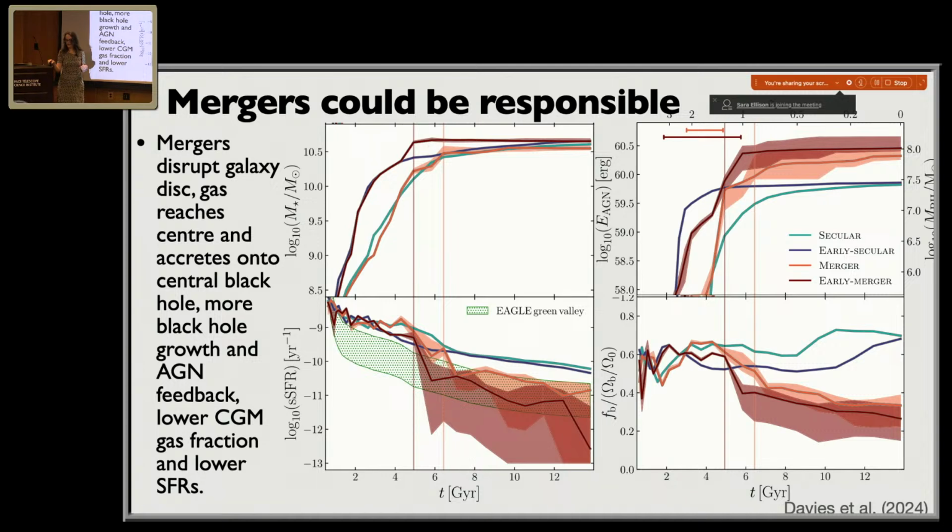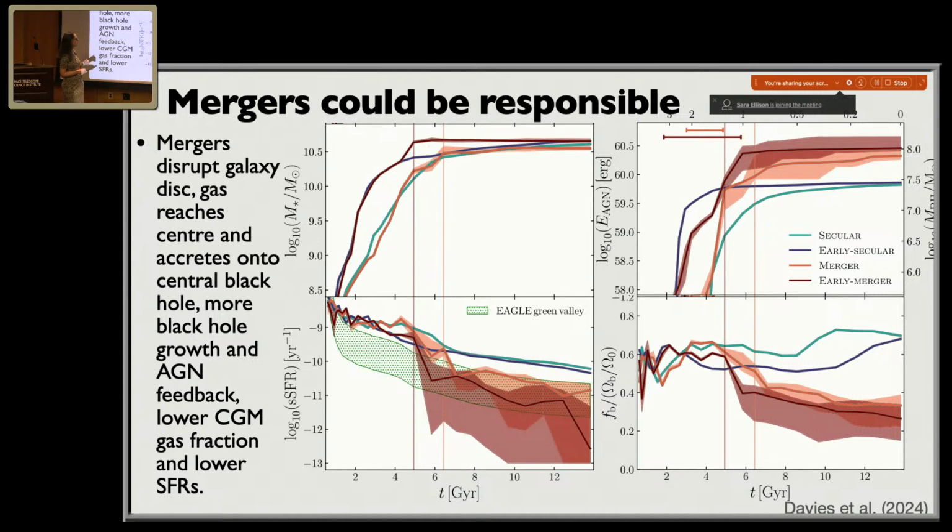So here you can see how this galaxy grows over time. There are 2 different variations. In one case, they made the halo and the galaxy therefore assemble earlier. Everything else is the same, but it starts earlier or later. And in the other case, they increase the importance of a merger.